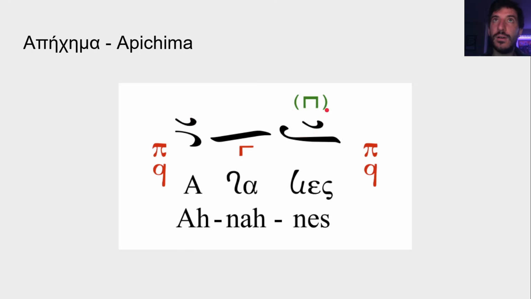Ni, pa, pa. If I'm beating with my hand, ni, pa, pa. And then we add the syllables.